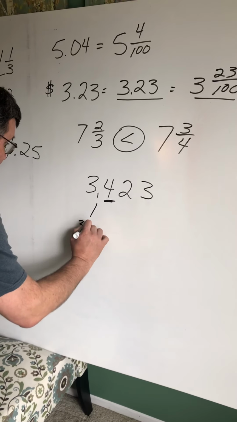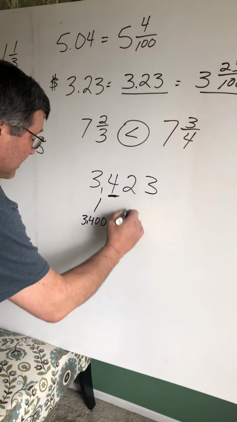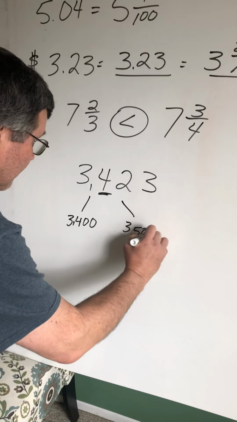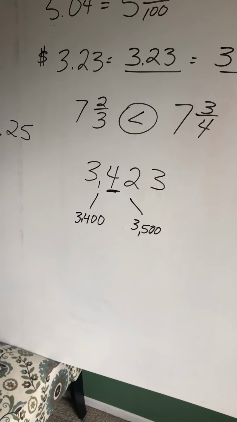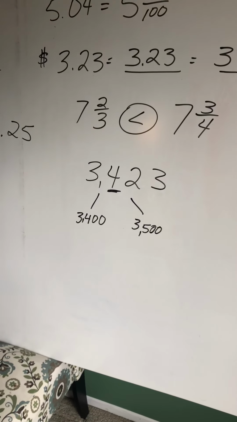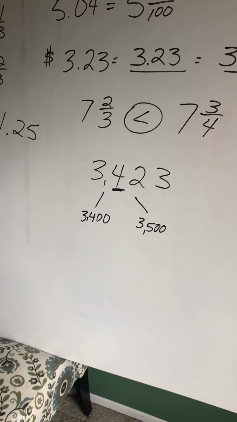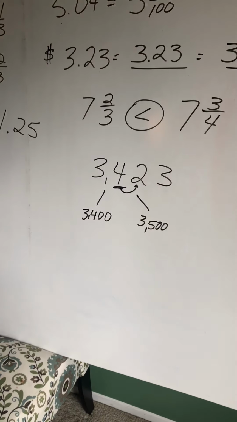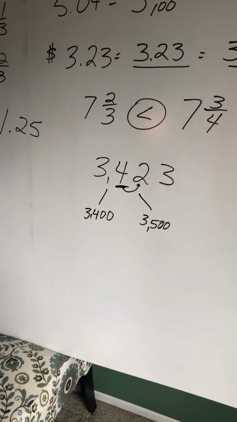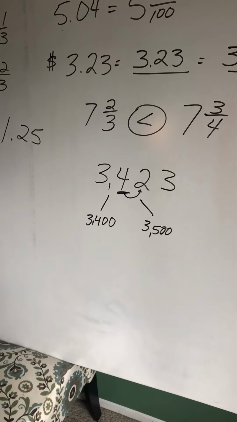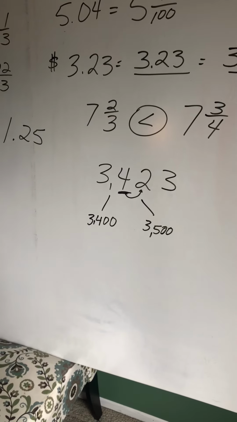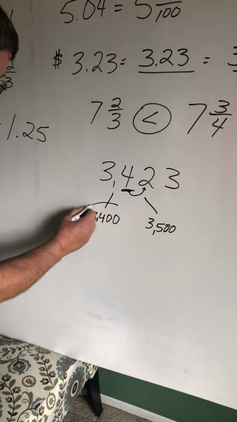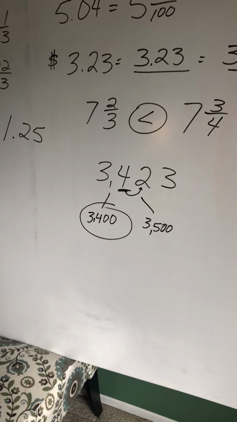So when we're rounding to 100, or tens or thousands, you can get to two possible answers. The number right next door is our indicator number that tells us if we're going to go up or down. And since the number next door to the 4 in 3,400 is a 2, we do go down. We do go down to 3,400.